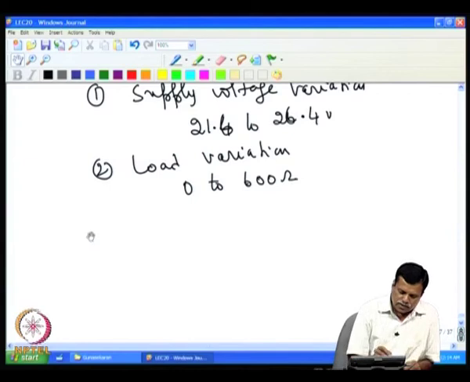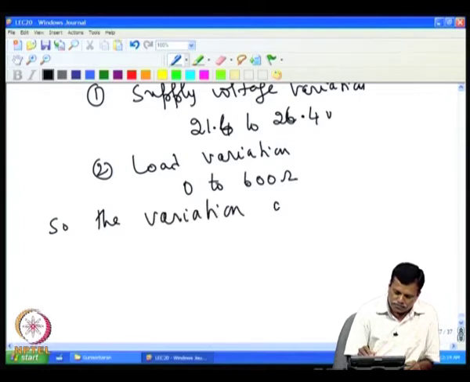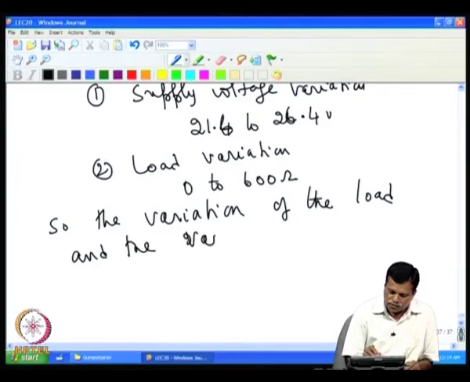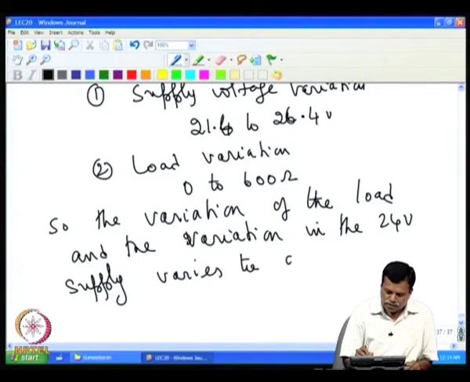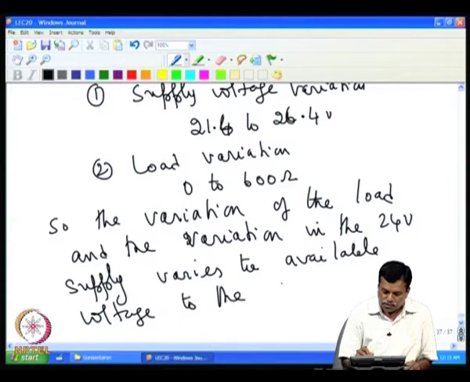So, the variation of the load and the variation in the 24 volt supply decide the available voltage to the current transmitter.